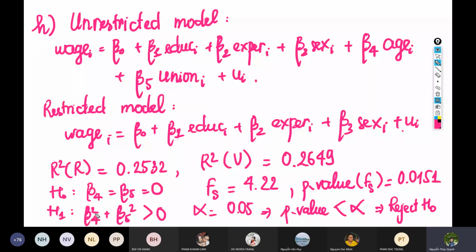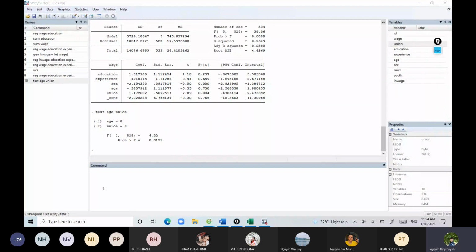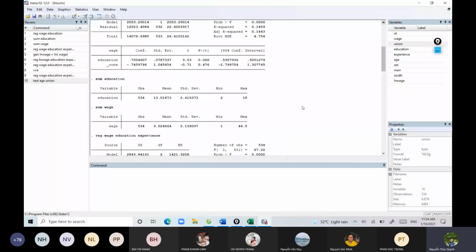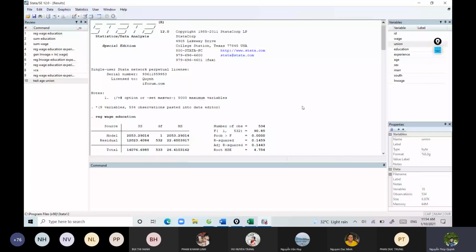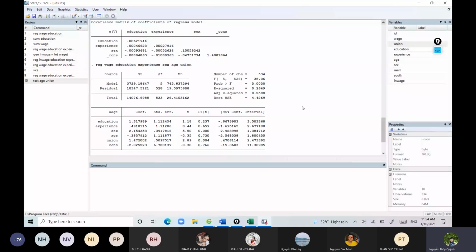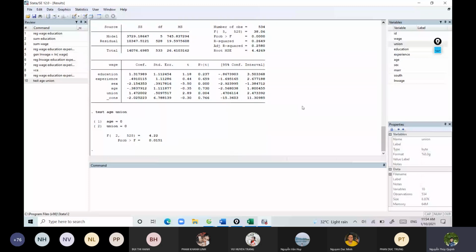One more thing I should tell you about the do file. When we close data, everything that we have done here will disappear. Next time when you do the exercise again, you will have to run the regression again and do everything again.